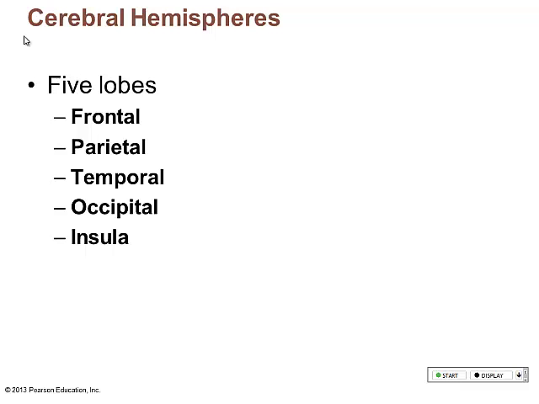So put your hands on your parietal lobes. Yes. Temporal lobes. Yes. Occipital. Behind. Insula. When something is insulated, what does it tend to have associated with it? There's something covering around it, yes? So where might the insula region be? Inside, yes?